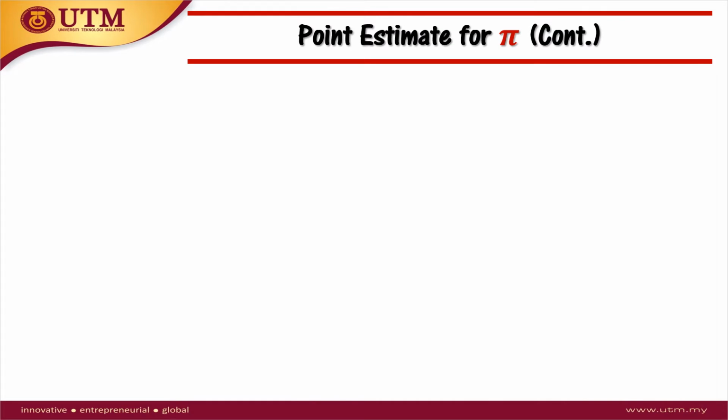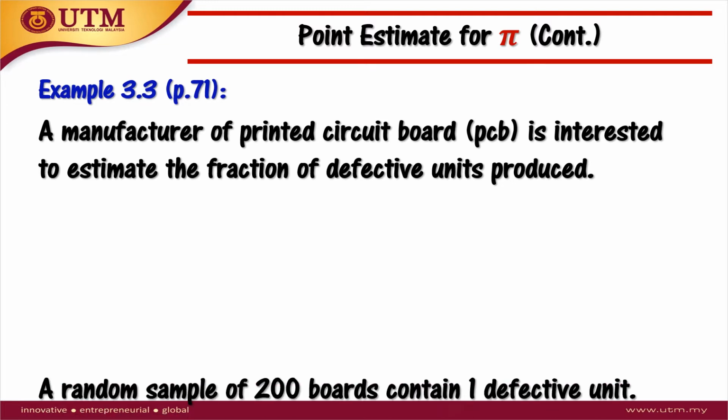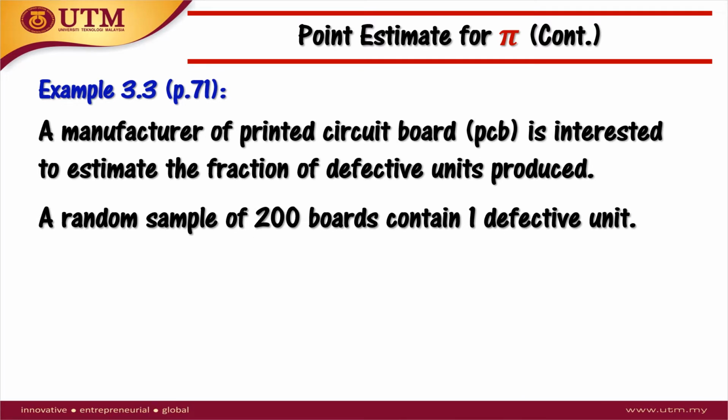Look at example 3.3 in the textbook, page 71. A manufacturer of printed circuit board (PCB) is interested to estimate the fraction of defective units produced. A random sample of 200 boards contains one defective unit.